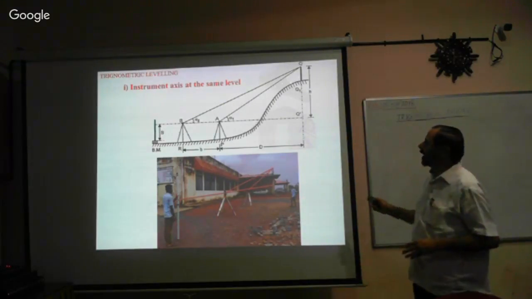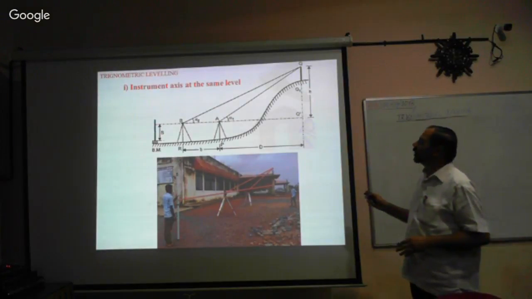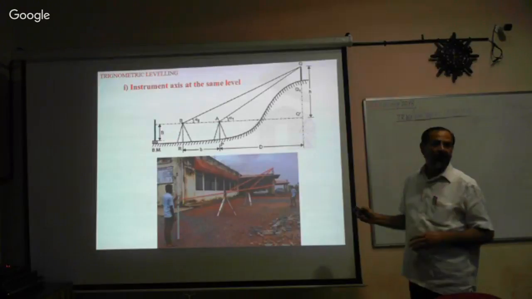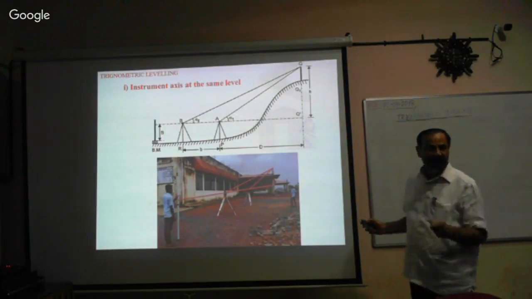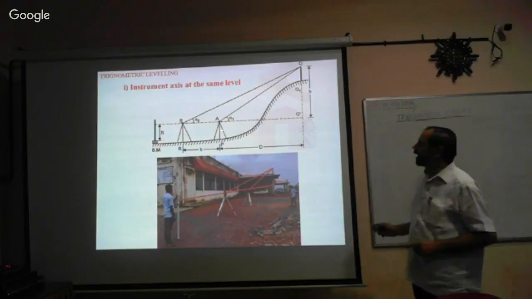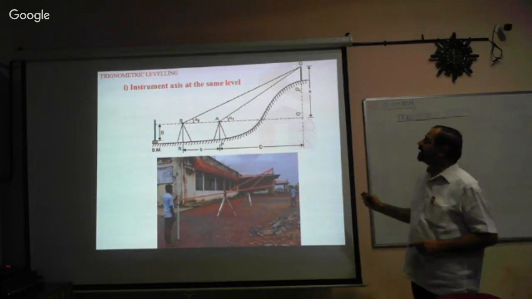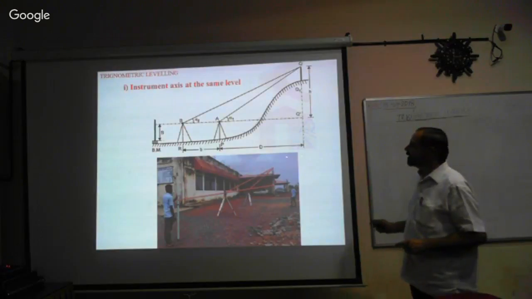Now, considering this triangle, H is equal to D tan alpha 1. Similarly, consider the second triangle, that is QBQ dash. Considering this triangle, now here the distance increases by how much?